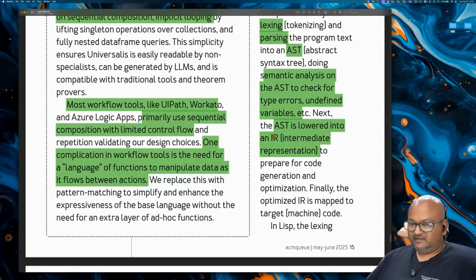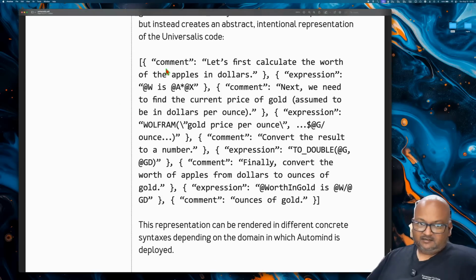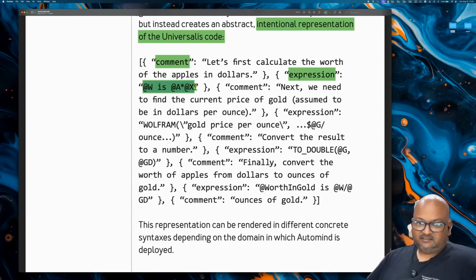This is a very typical compiler pipeline, but the internal representation doesn't look anything like what a typical compiler has, because again, it's all based on natural language. So, for example, the internal representation after the compiler has parsed it looks something like this, where you have a comment and then you have an expression, but the expression is mostly just natural code.